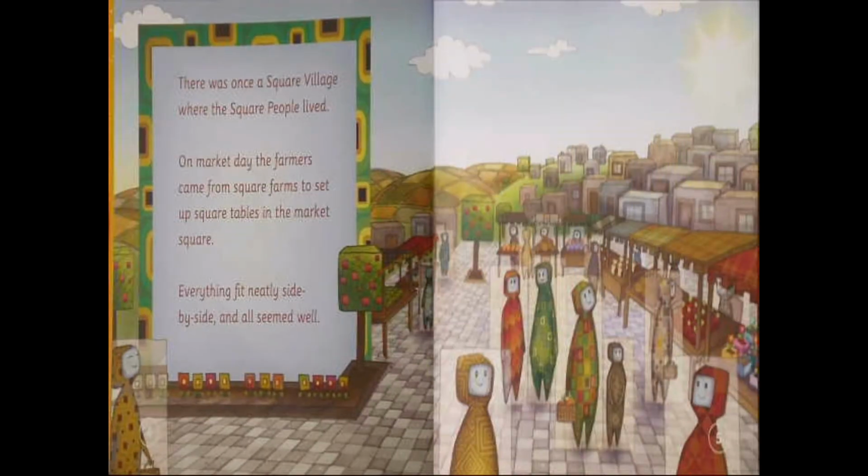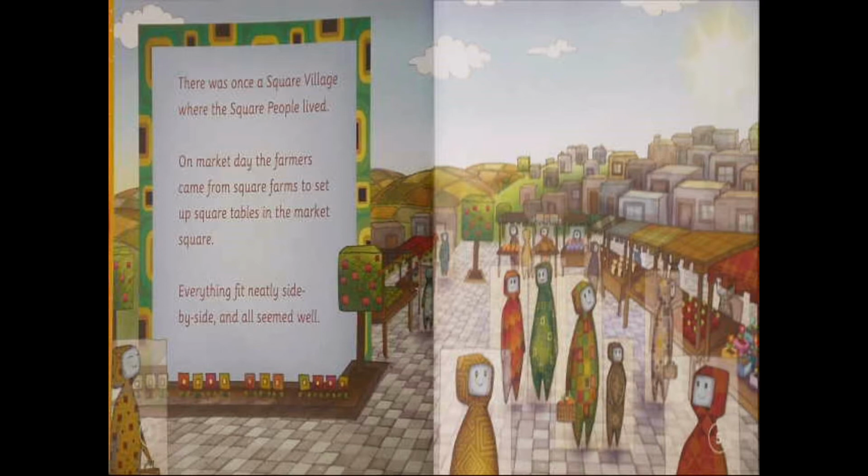There was once a village, a square village, where the square people lived. On market day, the farmers came from square farms to set up square tables in the market square. Everything fit neatly, side by side, and all seemed well. I'm going to mention as we go through the story to pay attention to a few things. Pay attention to what they're standing in.